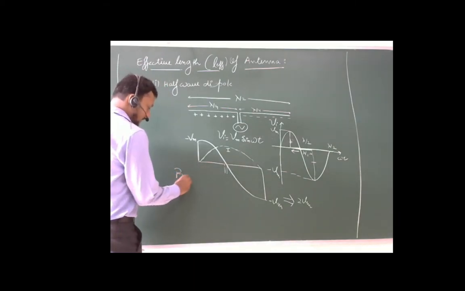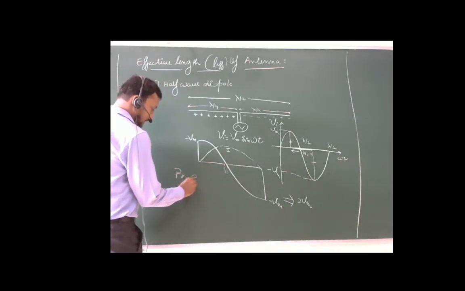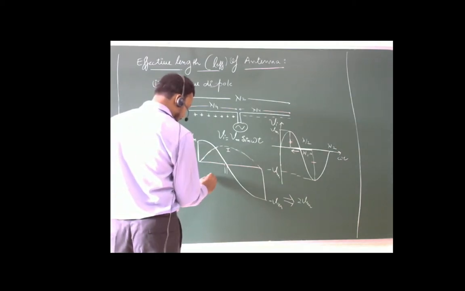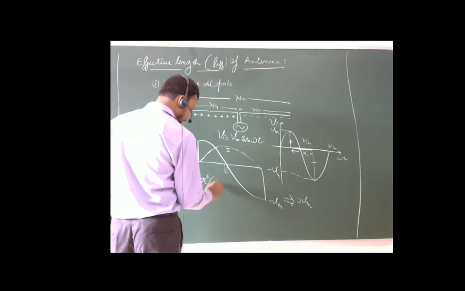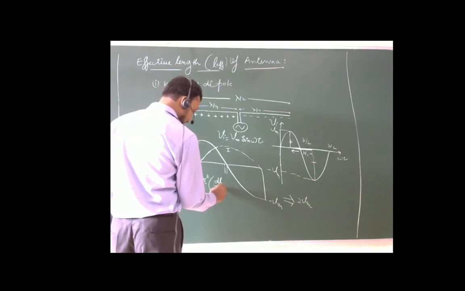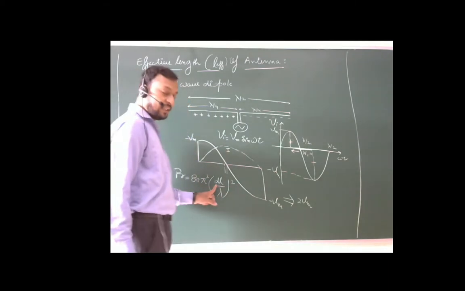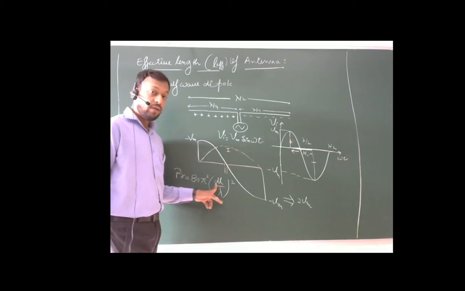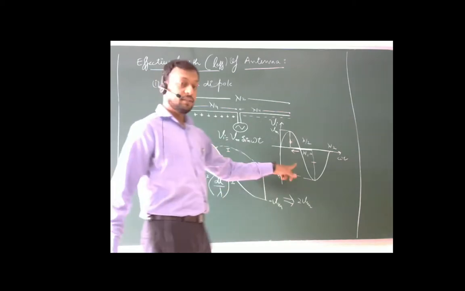The formula for the radiation resistance we have evaluated can be given by this, where dl is the small length of the wire antenna, and this dl varies according to the applied signal.